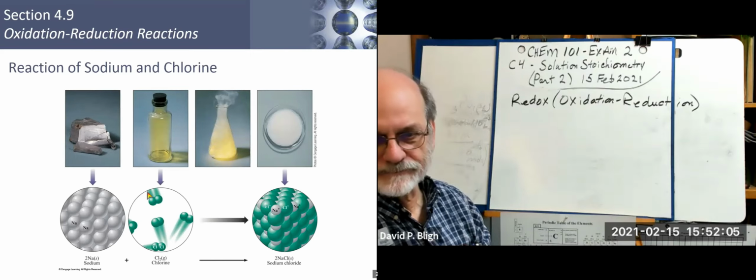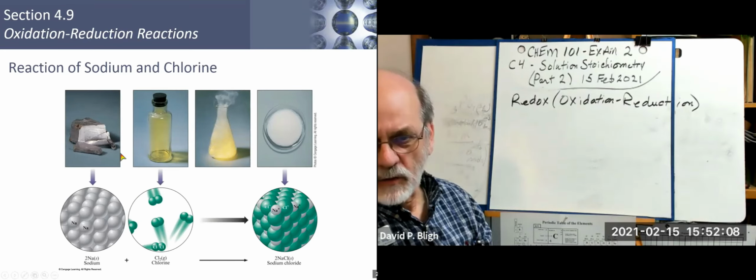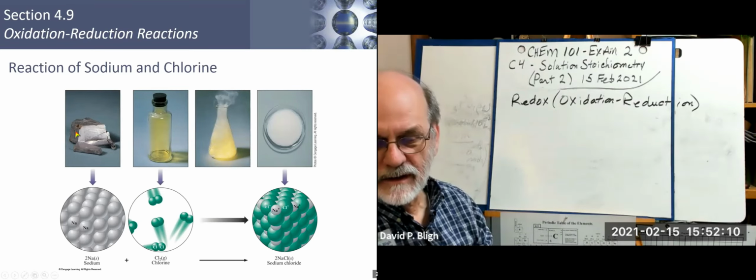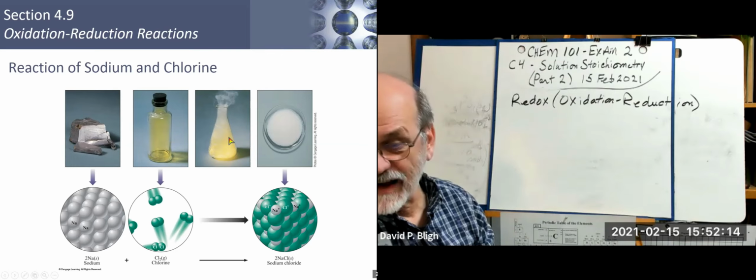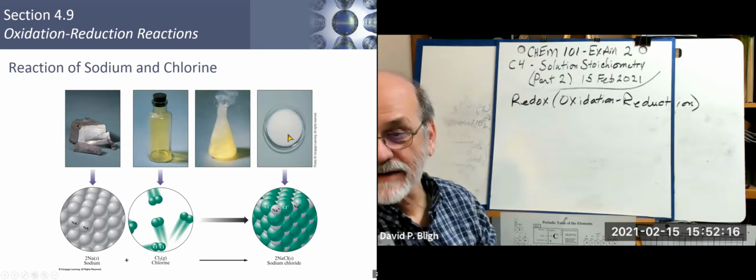These are examples. Right? When you combine sodium metal with chlorine gas, you get a violent reaction and table salt.